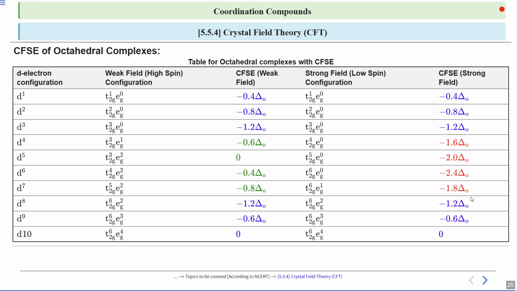That means the CFSE is becoming more and more negative when moving from weak field to strong field. The other values are similar in both cases for the other configurations in the octahedral complex. Okay, so this is the table representing the different cases for the configuration and for the CFSE calculation with different d electronic configurations of the octahedral complexes.